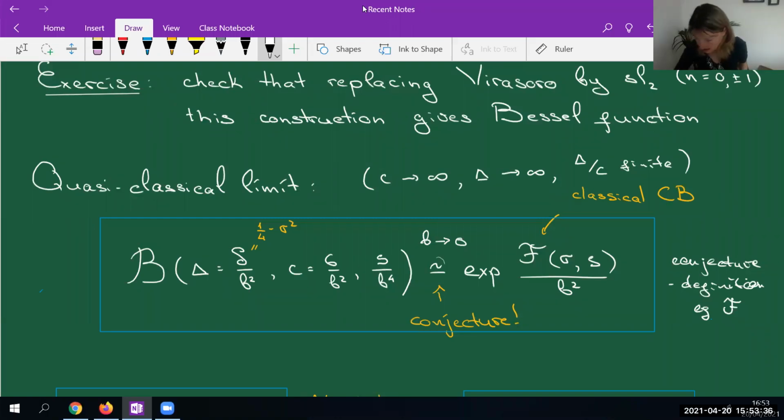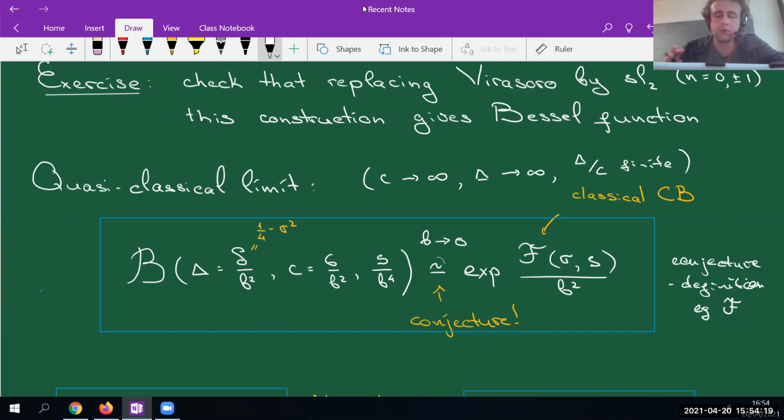But even to make that statement precise as a conjecture requires some explanations. You see, the conformal block on the left-hand side is a power series in this variable. So what you do is take the logarithm of that, consider it as a formal power series, and then the statement is that every coefficient of this formal power series behaves like 1 over B squared.